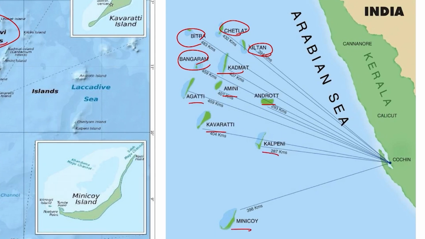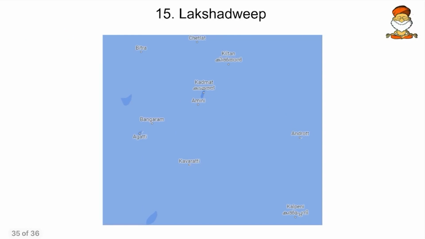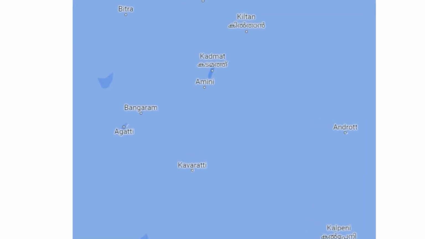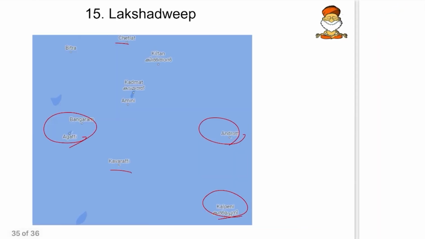So these are some of the large islands, and the Lakshadweep Islands are coral in origin. So they are from the coral reefs, and here we have the Google Maps of all these. Just try to remember which is present in the northernmost and which is present in the southernmost, easternmost and westernmost, okay. If you remember that, that is more than sufficient.